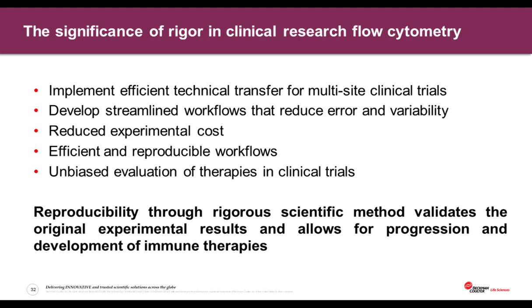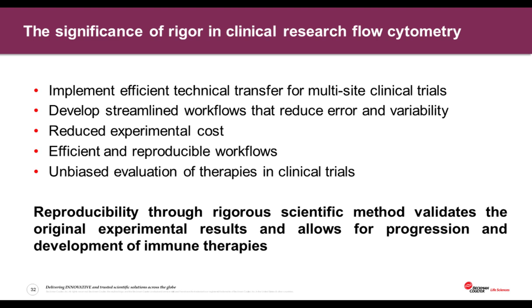So ultimately, what is the significance of rigor in clinical research? It is to implement efficient technical transfer whenever we're dealing with multi-site clinical trials and longitudinal analysis. This is important so that we develop streamlined workflows to reduce error and reduce variability, so that we can repeat these assays and ensure that what we've reported in the preclinical study is as accurate as what we're reporting in phase 1 through whatever.